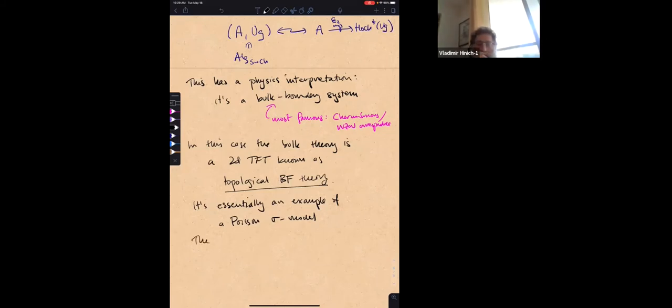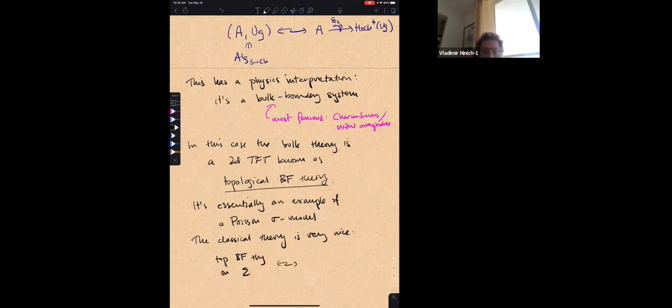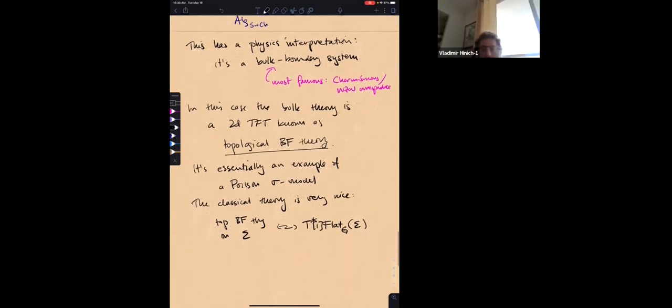The classical theory is very nice, but it actually is studying, so topological BF theory on a surface sigma corresponds to studying flat G bundles on sigma, but really studying its shifted tangent bundle, cotangent bundle, I should say.